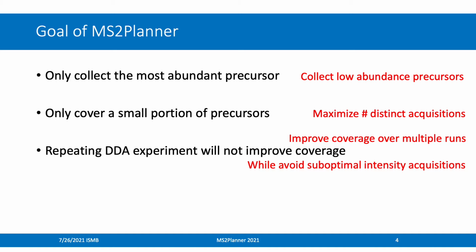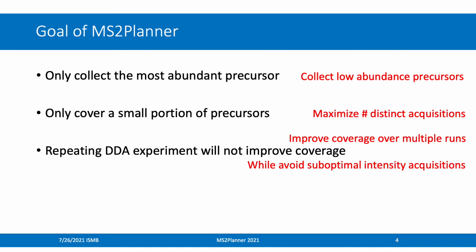The goal of our new strategy, MS2Planner, is to not only collect the most abundant precursors, but also those low abundance precursors. In addition, we don't want to collect fragmentation spectra on the same precursor, but we want to maximize the number of acquisitions for distinct precursors. And if we want to run the experiment multiple times, we also want to improve the coverage of the runs.